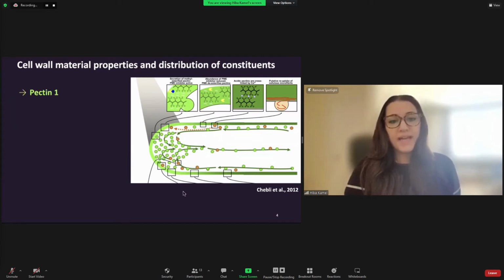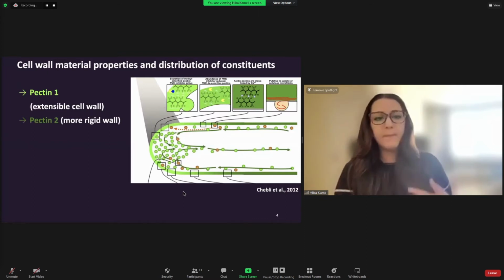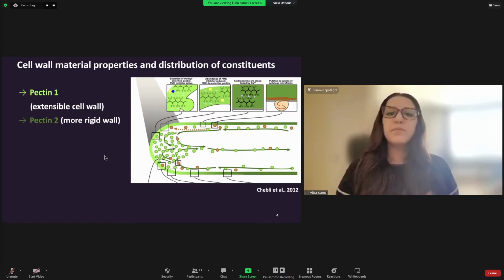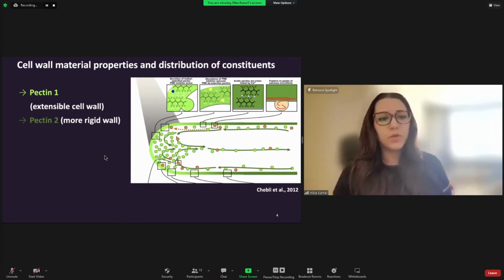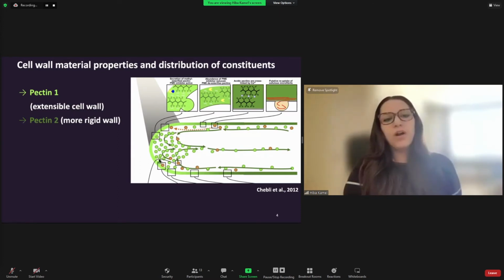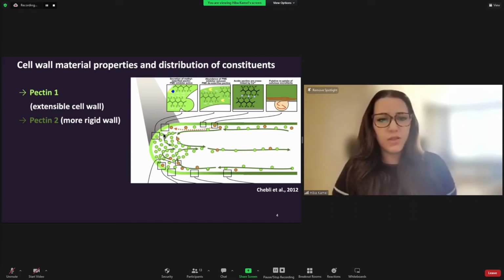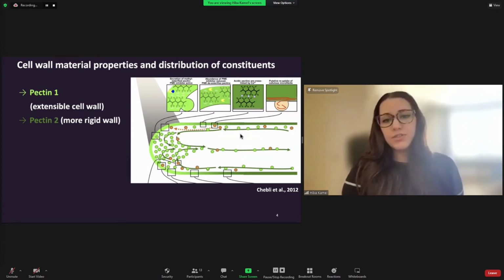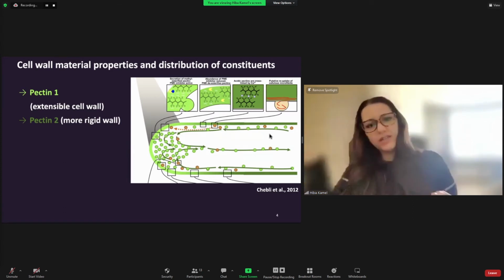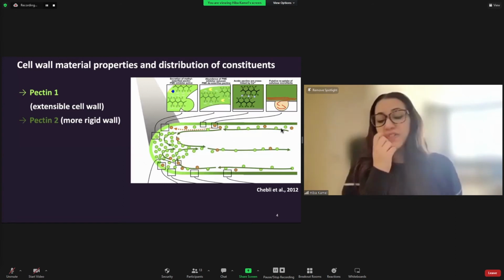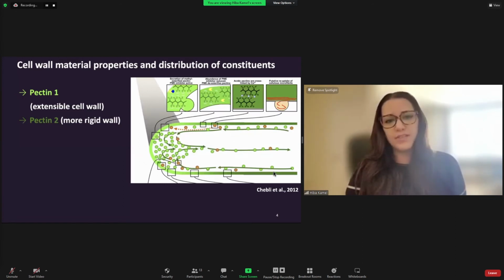We have pectin 1 and pectin 2, that these are not their original name, but for simplification, that's what I'm calling them. So pectin 1 is found exclusively at the tip, and it's associated with a more extensible cell wall state. And pectin 2 is more at the shank, and it's associated with a more rigid cell wall state.